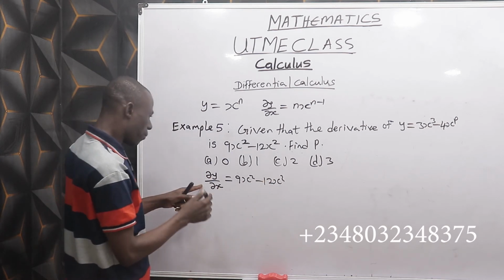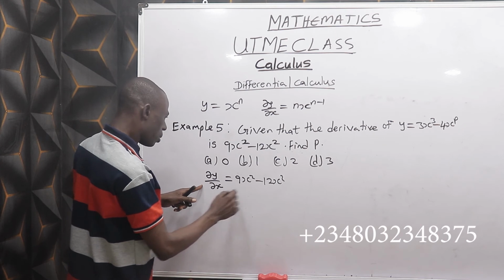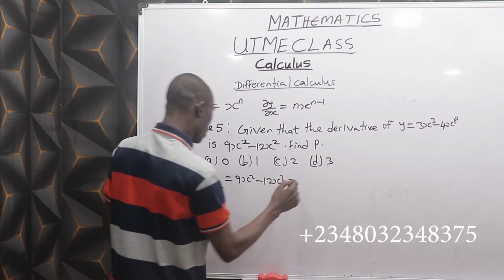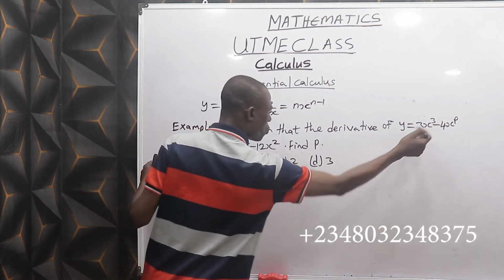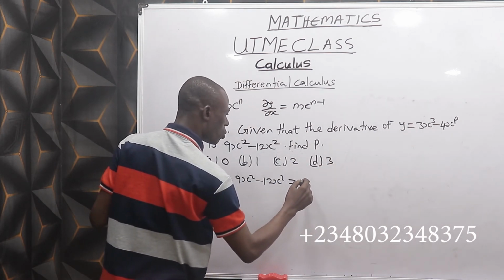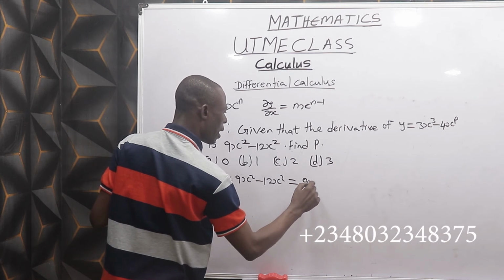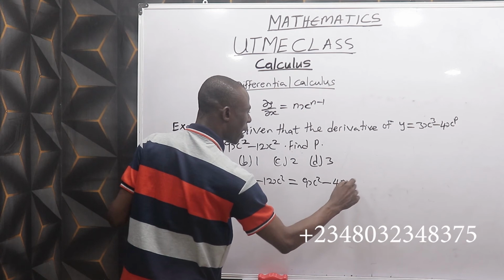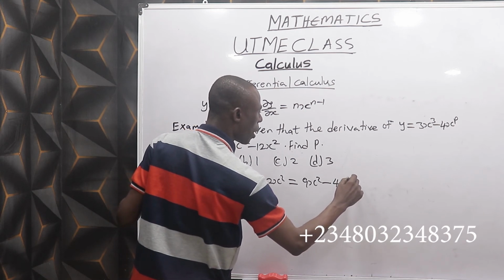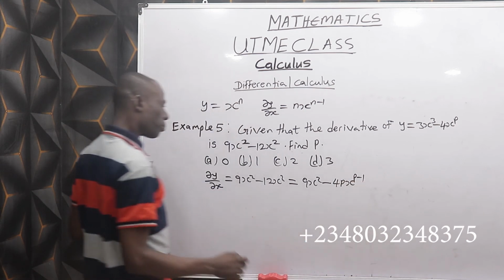And that derivative, by your own manipulation, if you do your own directly, is also equal to 9x raised to the power 2 minus 4px raised to power p minus 1.